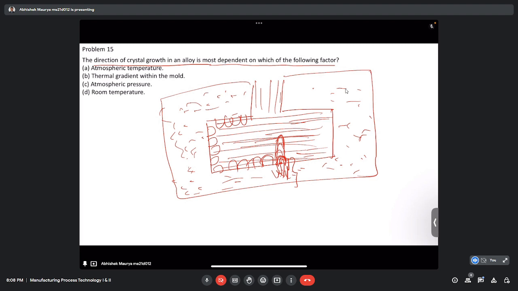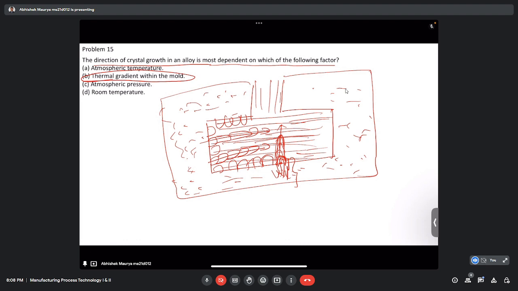In a similar manner, it starts moving towards the center, from each side. So indirectly, if we can control the thermal gradient, then we can control the direction of the solidification or the direction of the crystal growth. So the correct answer will be B, thermal gradient within the mold.